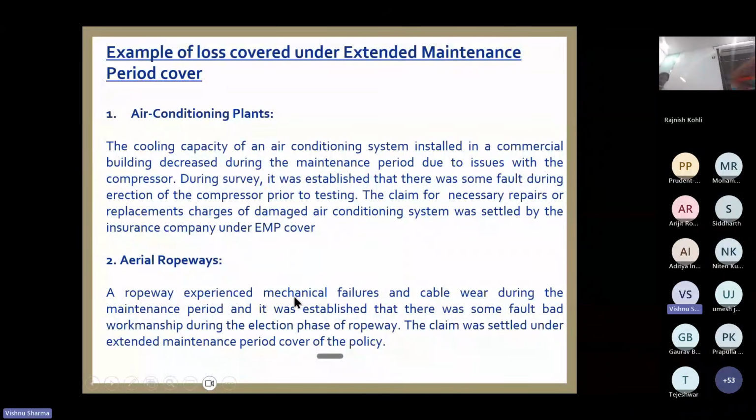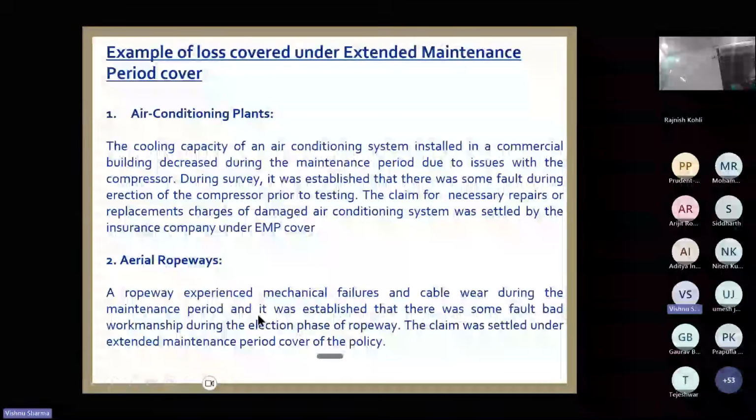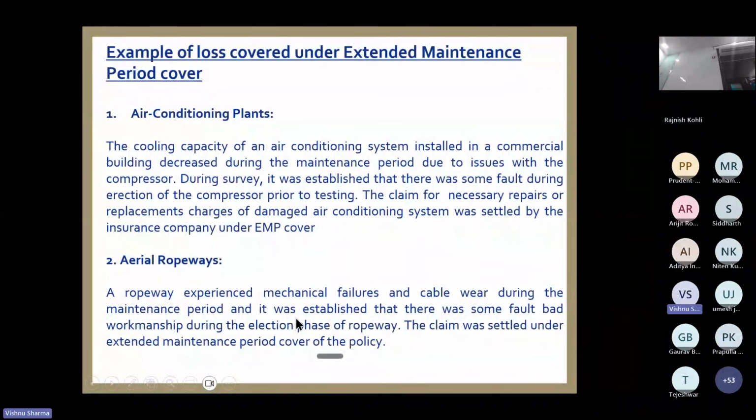There was a mechanical failure in the ropeway, and there was wear and tear of the cable rope. And it was established. Again, they were very lucky to successfully establish that there was some fault, bad workmanship, during the erection phase of the ropeway. So this claim was settled under extended maintenance period.